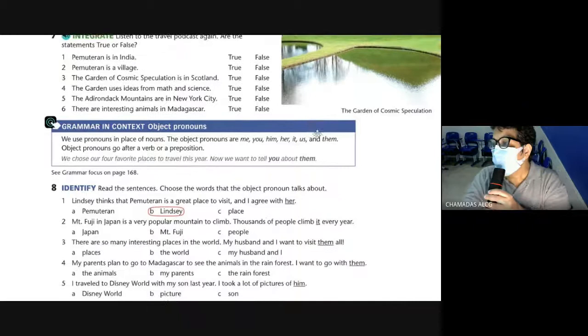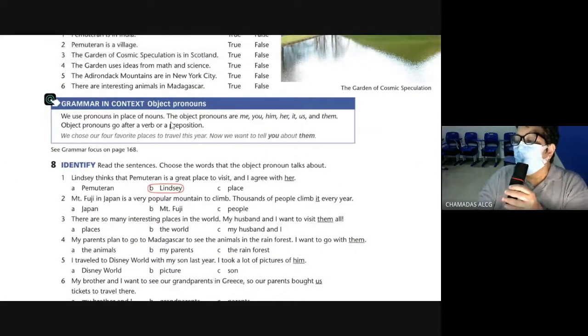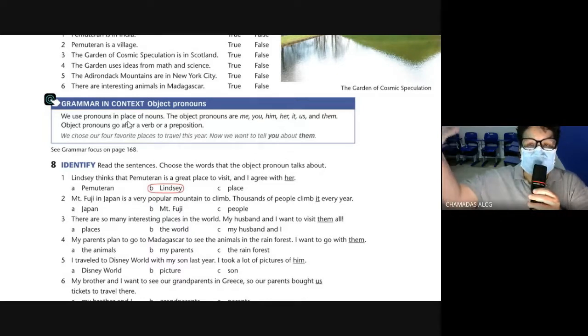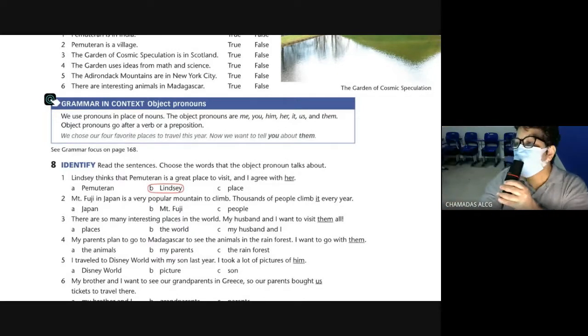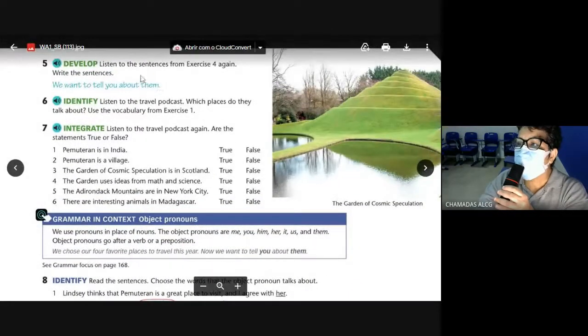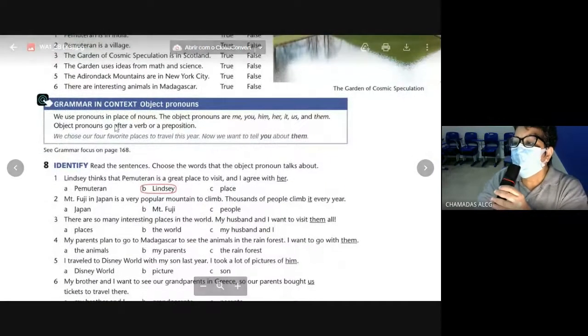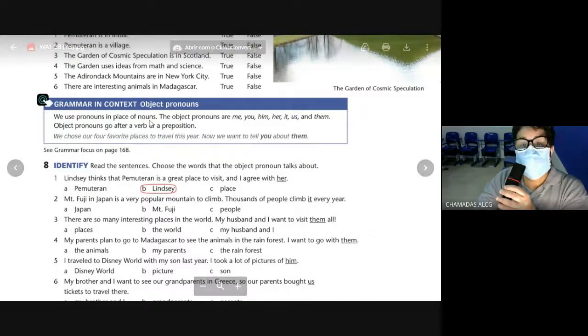Okay? Now, let's see the object pronouns. We saw the examples of these object pronouns right on top here when we saw the first sentences in exercise number 5, okay? So look, we use pronouns in place of nouns.